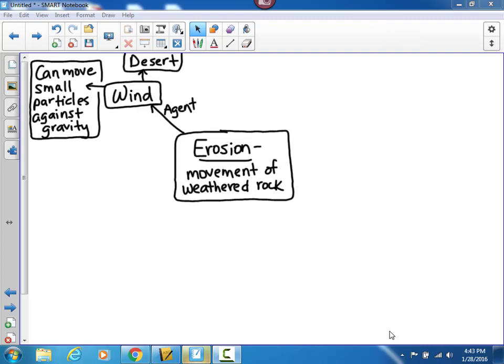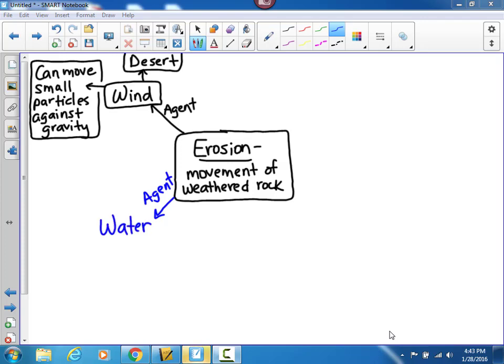The second agent of erosion, and again, we'll label that it's an agent. These are the things that cause erosion, is water. There are 2 ways that water can cause erosion.